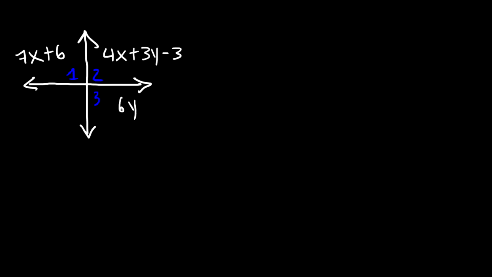So consider 2 lines. And let's say that this is angle 1, 2, and 3. And let's say angle 1 is 7x plus 6. And angle 2 is 4x plus 3y minus 3. And angle 3 is 6y.